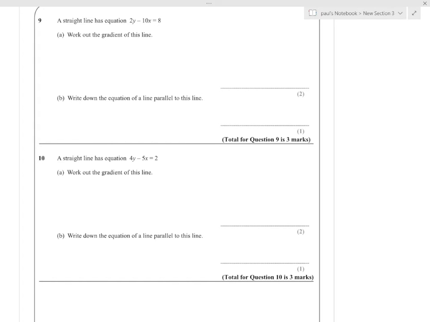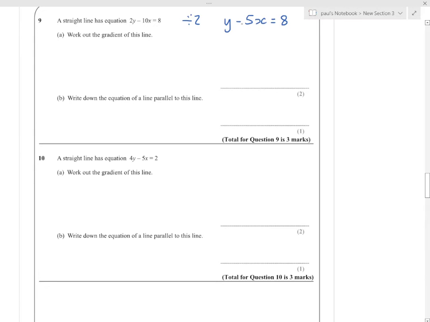Right, a straight line has, what does it have? A straight line has an equation of that. Work out the gradient of the line. Now, we've got 2y. I don't like this. So what we're going to do is divide everything by 2, so that I get a single y minus 5x equals 8.